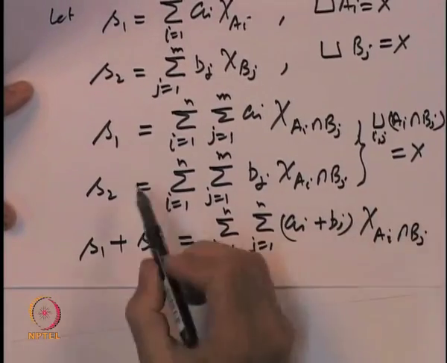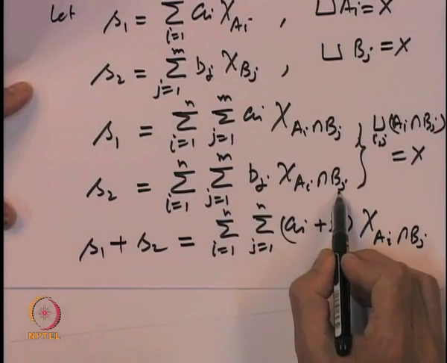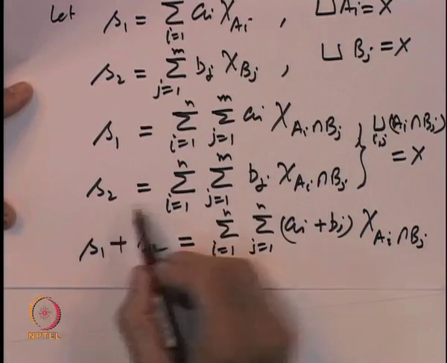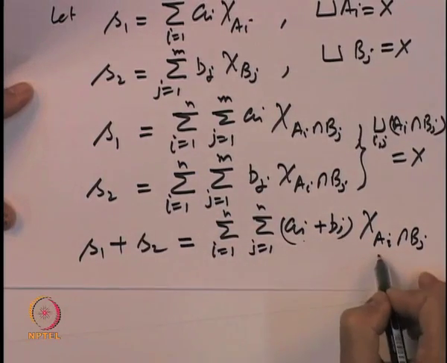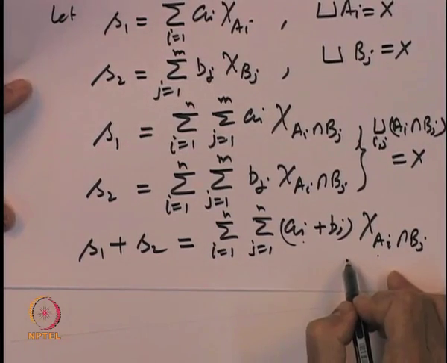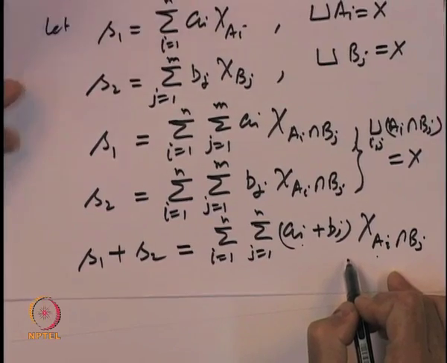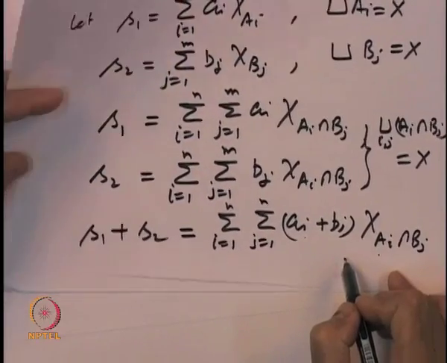That is clear, because on A I intersection B j S 1 is A I, and on A I intersection B j S 2 is B j. So, S 1 plus S 2 will be equal to A I plus B j on A I intersection B j. So, once we have a representation of S 1 plus S 2, we can define the integral of S 1 plus S 2.